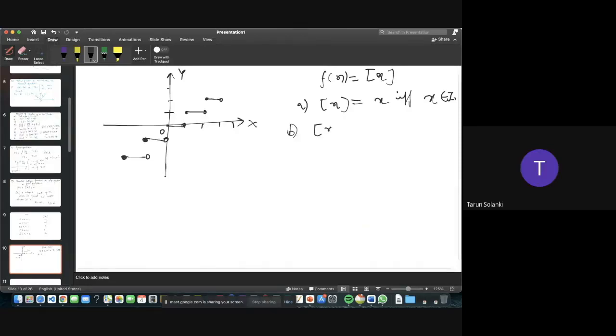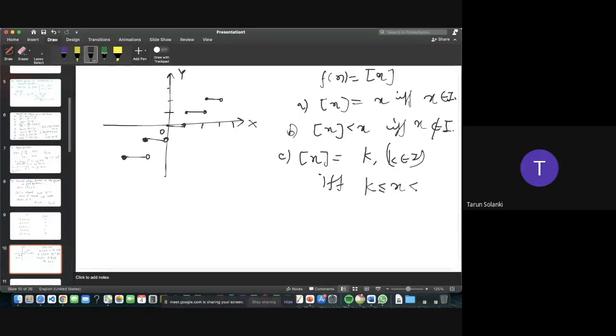Similarly, second, [x] is less than x if x does not belong to the integers. Third, [x] is always equal to k, and k belongs to I, if k is less than or equal to x less than k + 1.